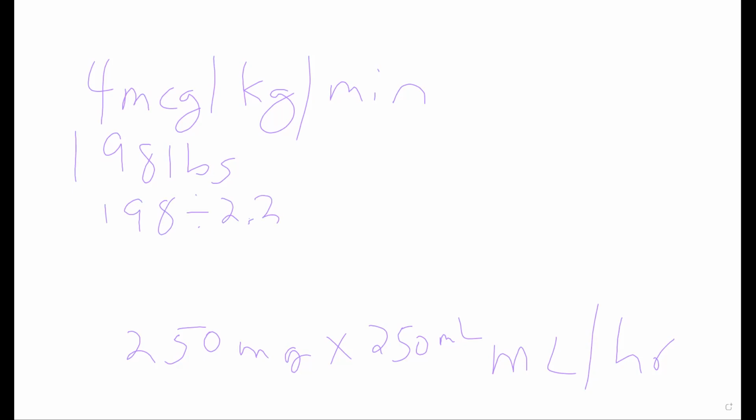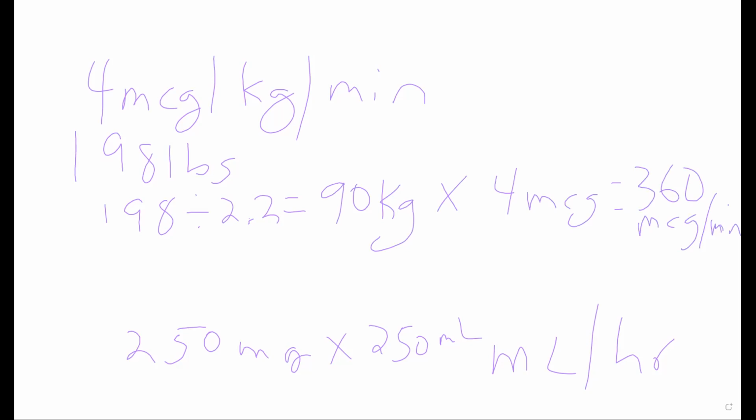So I got 198 divided by 2.2, and that gives me 90 pounds, I mean, 90 kilograms. Okay, I'm going to take that times my order, which is 4 micrograms per minute. And that will give me 360 micrograms per minute. Everybody with me?